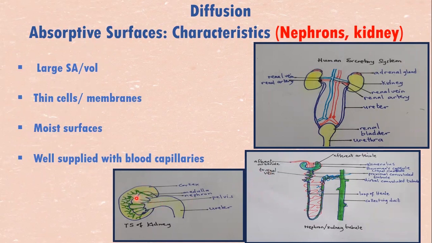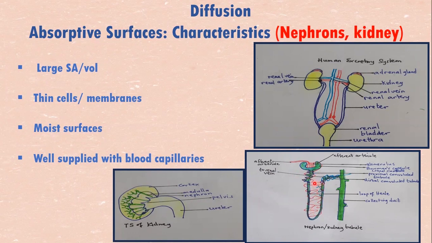In this section, you see these structures which are called nephrons. These are tube-like structures served with blood capillaries. And each nephron is very long. The whole kidney has about 1 million of these tubes.